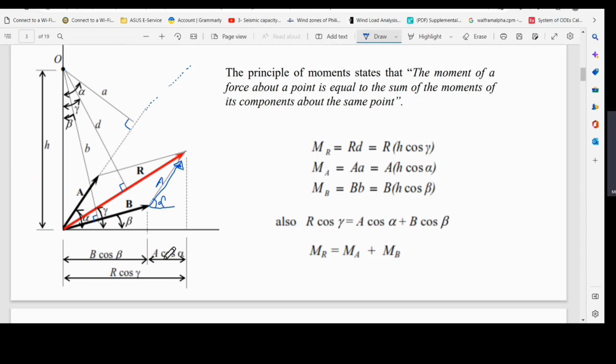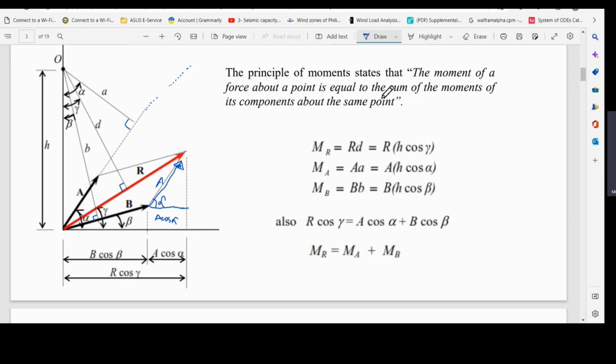Therefore, this is now A cosine of alpha. Okay? And then the whole distance here is our R cosine of gamma. Okay? R cosine of gamma.